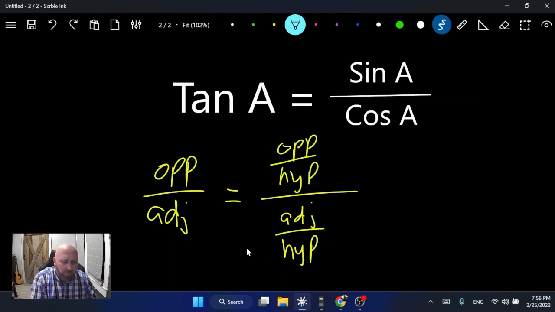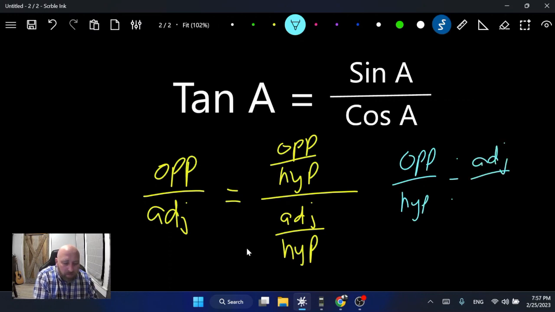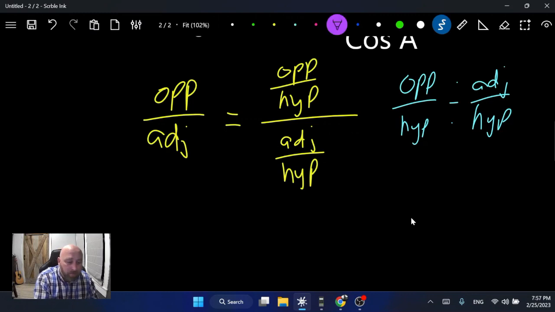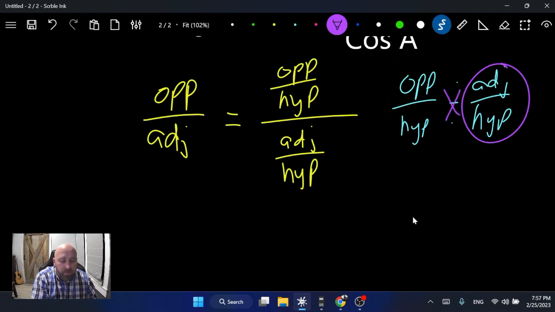How do we solve that? It's just a division problem. So how do you divide fractions? You set it up: opposite over hypotenuse divided by adjacent over hypotenuse. What's our rule when dividing fractions? We invert the second one, so we flip that one upside down, and then we change this to multiply.